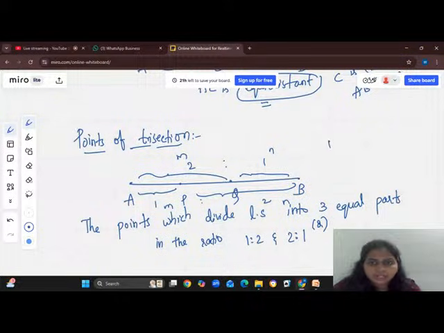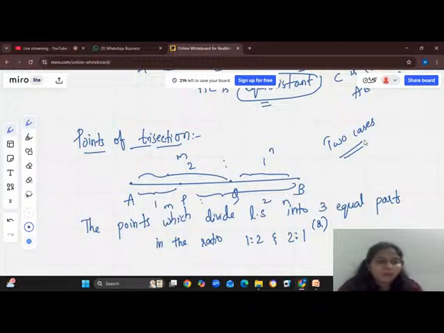You have to solve 2 cases here. Done. So these are the 4 important points: distance formula, section formula, midpoint, and the points of trisection. These are the most frequently asked questions from this chapter. I think other than this, they can't even ask anything. There is nothing, only these 4 are there in this chapter.